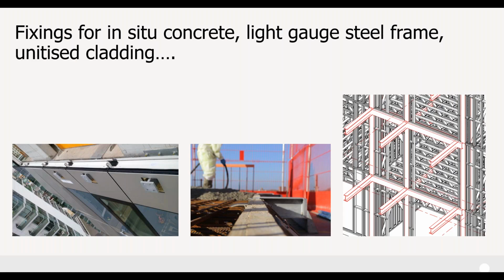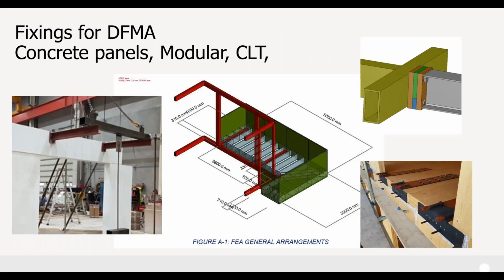You can see here light edge steel frame, the unitised cladding, as well as the conventional pour. The next slide, please, shows a number of other options. You've got there concrete wall panels, you've got modular construction coming out, CLT, not used much in this country now, but still very relevant in Canada and places like that. So there's a whole range of connection details that need to be developed.